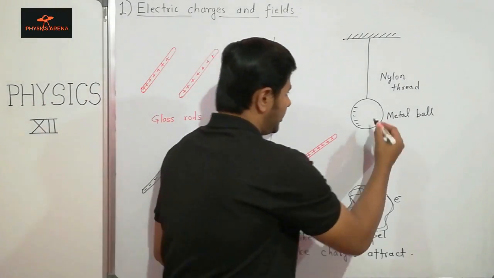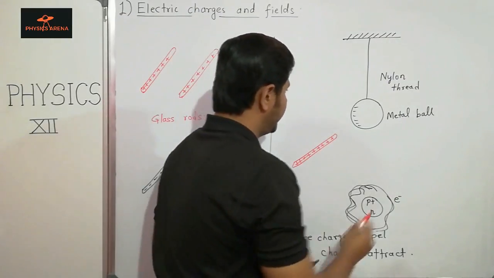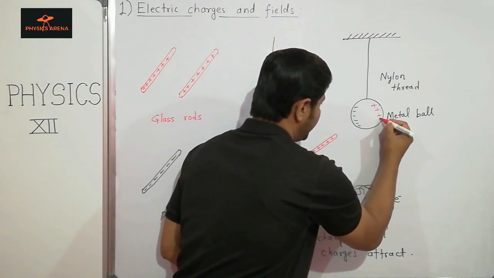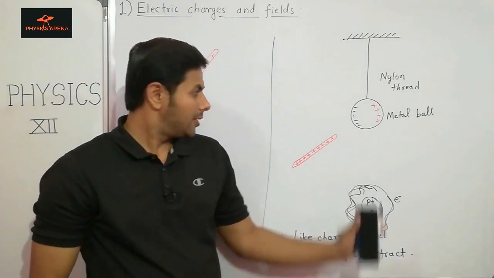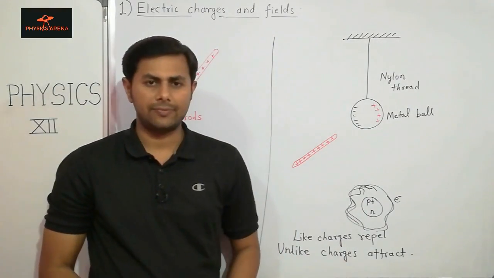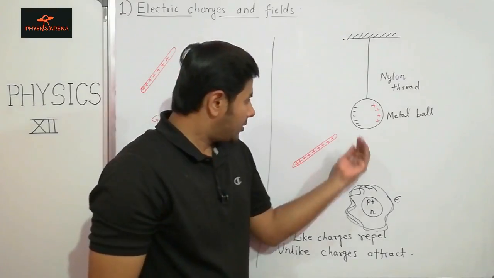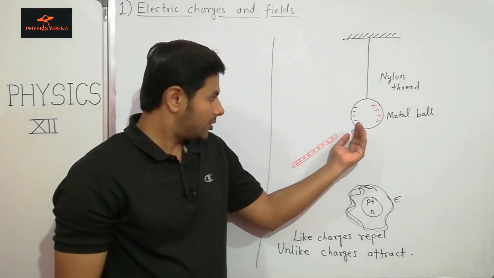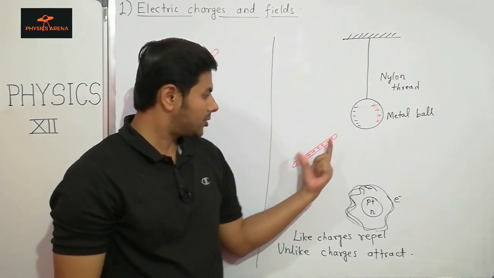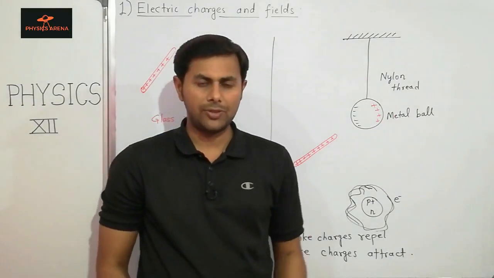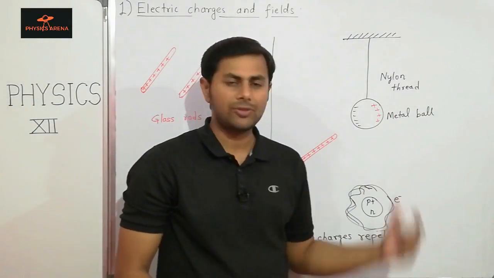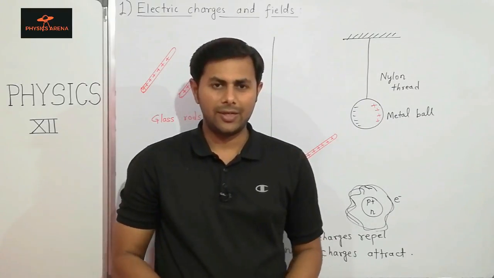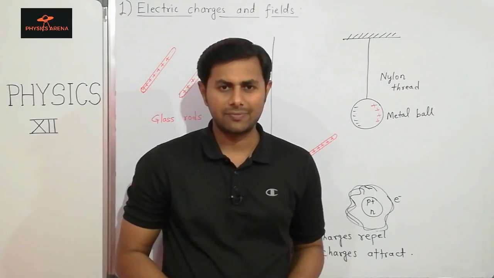So the other side has lack of electrons and therefore some positive charge is developed on the other side. Because these electrons, or the negative charge, is close to the glass rod compared to the positive charge, attraction dominates the repulsion between positive charges, and that's why initially there is attraction.